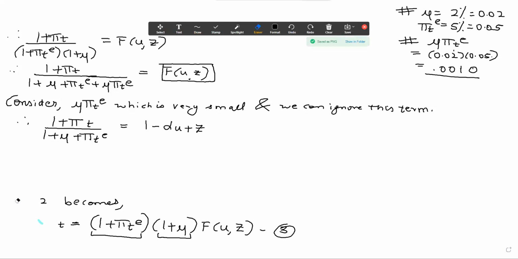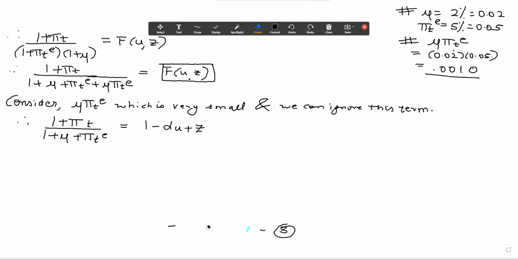Recall this. Now let's cross multiply. So therefore 1 plus pi t is equal to 1 minus alpha u plus z into 1 plus mu plus pi te.